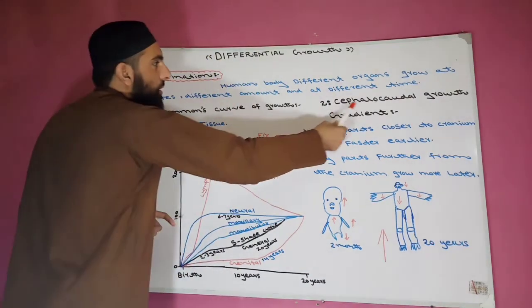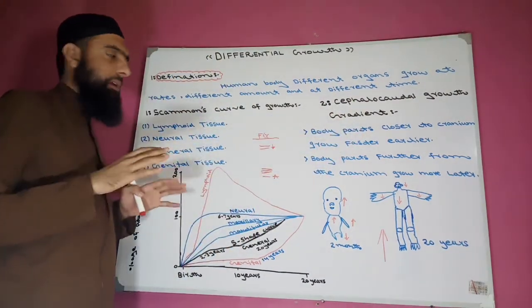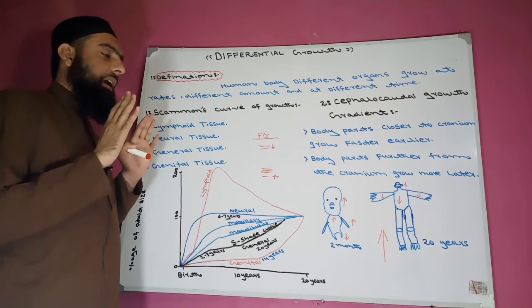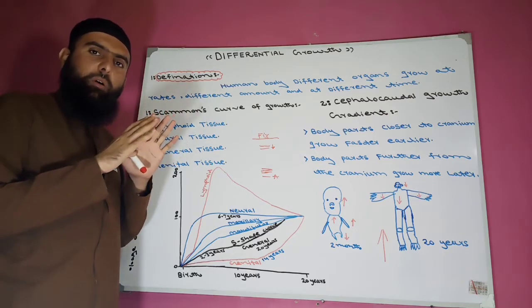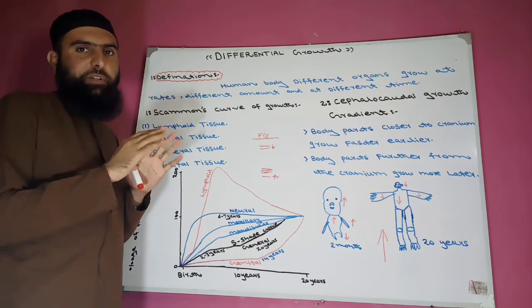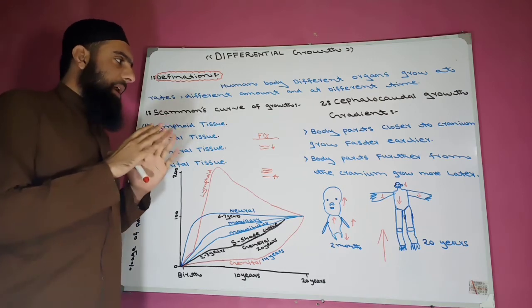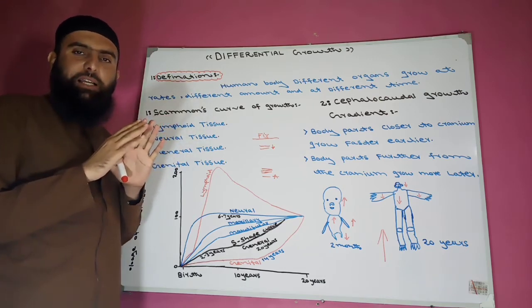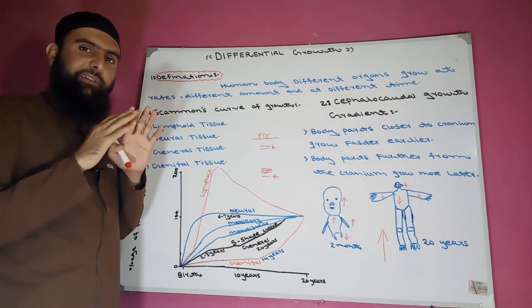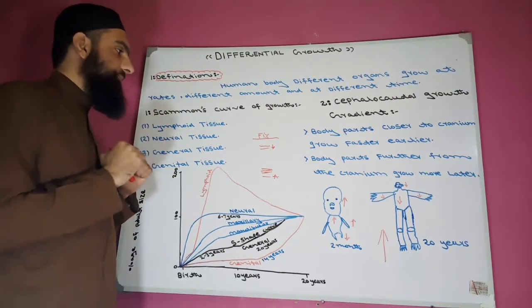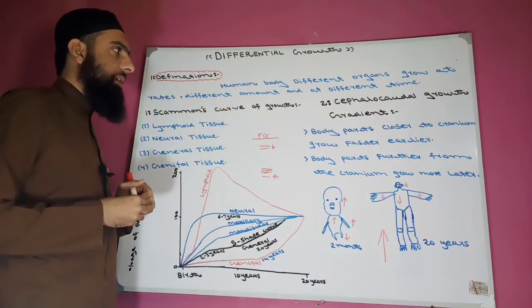This is the cephalocaudal growth gradient concept. It means body parts close to the cranium grow rapidly in the earlier age of children, and the body parts further from the cranium grow more in the later age of children.